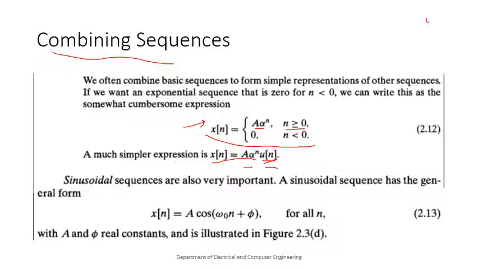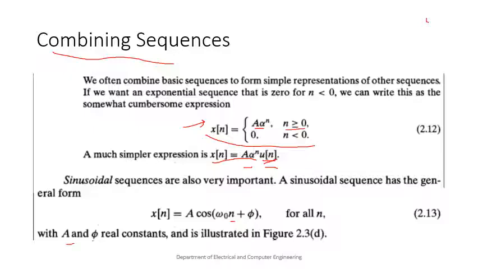So we can obtain a sinusoidal signal from this basic expression. This is our sinusoidal sequence. x of n is equal to A cos of theta, where theta is omega naught n plus some phase phi, and we can have any value of n here, for all n from minus infinity to infinity.